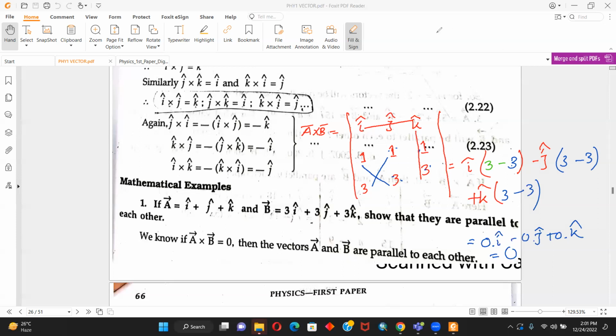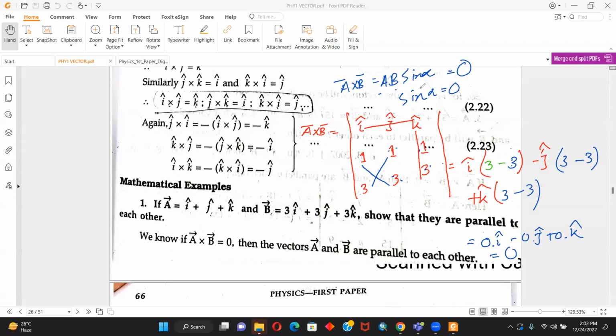Now this equals AB sine alpha, right? Is that correct? Yes. So A vector cross B vector equals AB sine alpha equals 0. That means sine alpha will also be equal to 0, because A and B can't be 0.